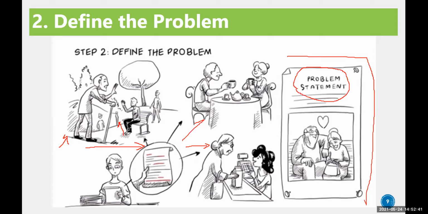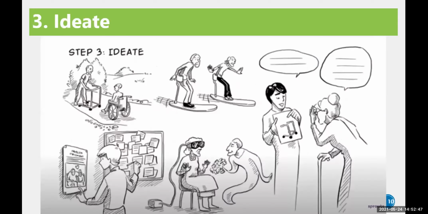So after you have got a problem statement, now you need to ideate upon the possible solutions, or the possible products you could come up with, possible ways you could solve this problem. So you start brainstorming, and you don't have to do it alone. You have to involve your other teammates also.